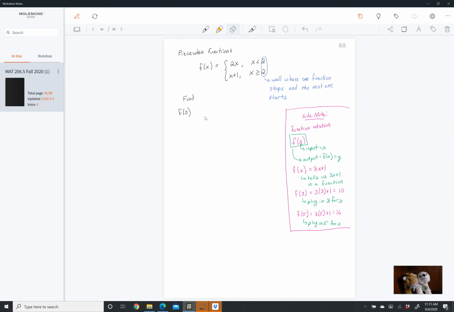f of 0. Now what this is doing is it's saying plug in 0, right? But we have to know which function to plug 0 into. So the other thing that this tells us is what function to plug into. That's the second thing that this tells us.